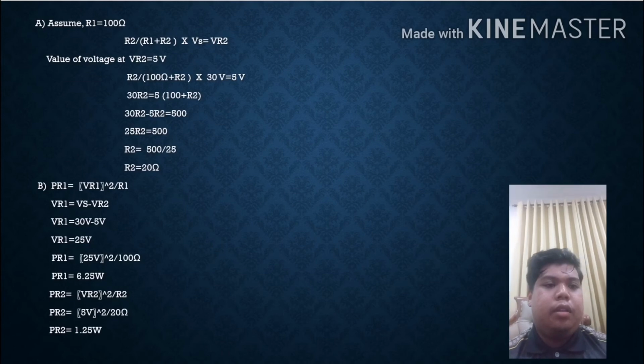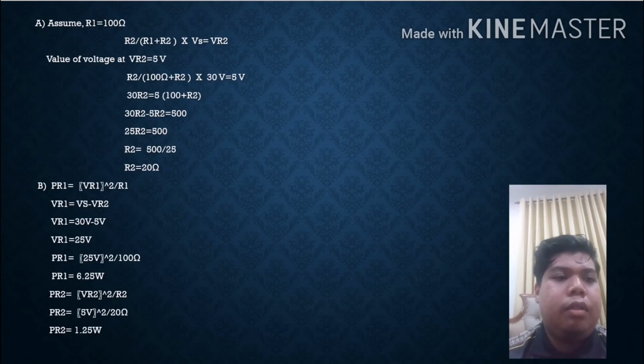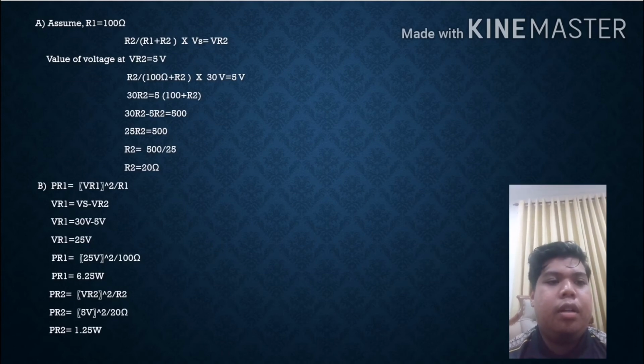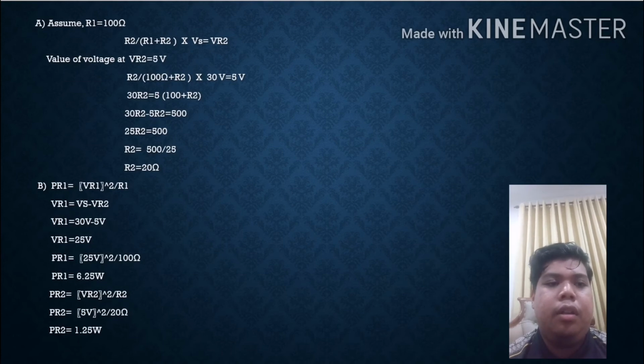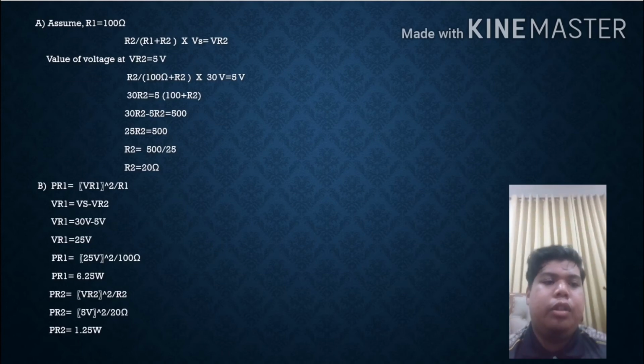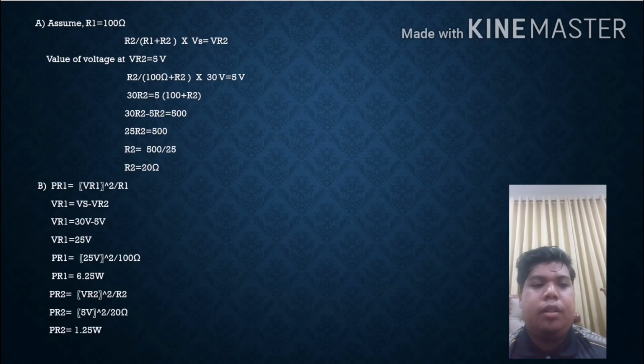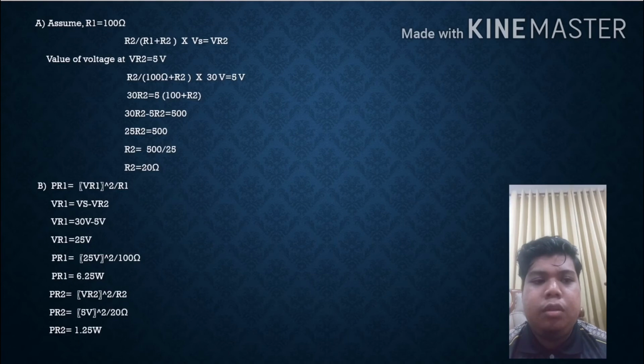Then after we enter it, we get R2 over 100 ohm plus R2 times 30 volt equal to 5 volt. So we do algebra, and the final answer we get is R2 equal to 20 ohm.